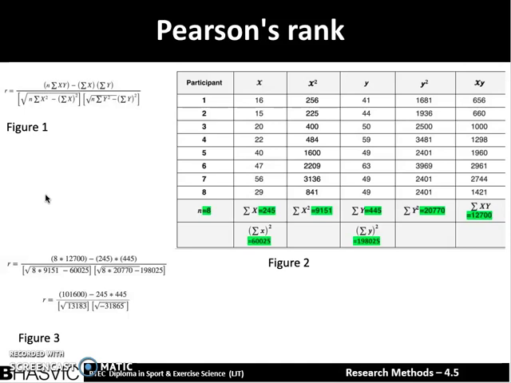Figure 2 shows the data table, and figure 3 shows the substituted equation.